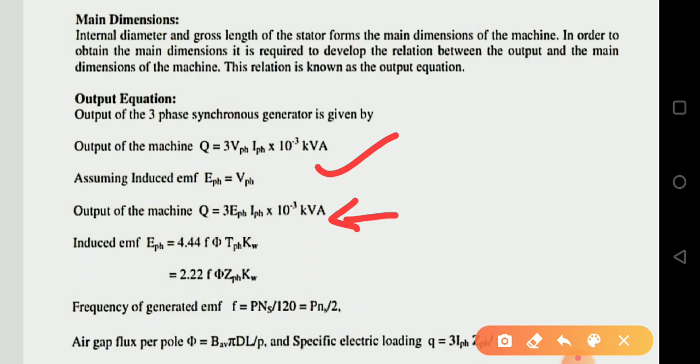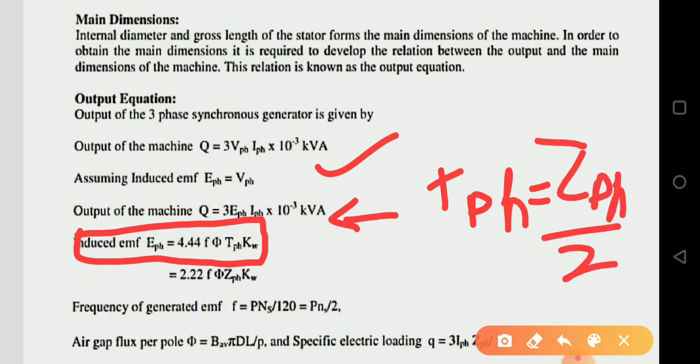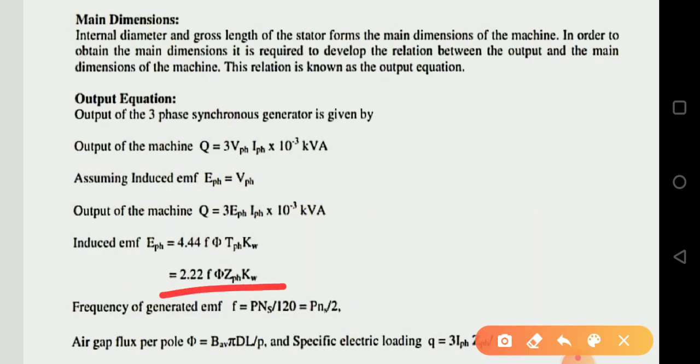Now we know that the induced EMF formula is 4.44 F phi TPH into kW. If we put the value of TPH as ZPH over 2, because every turn consists of 2 conductors, the value becomes 2.22 F into phi into ZPH into kW.